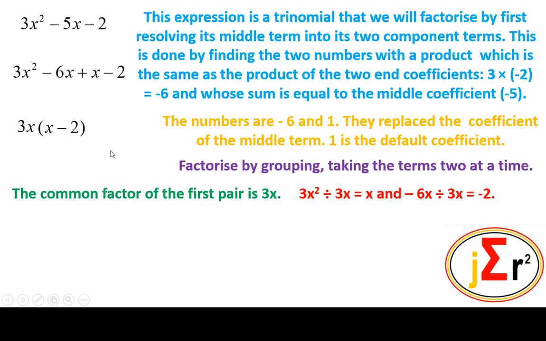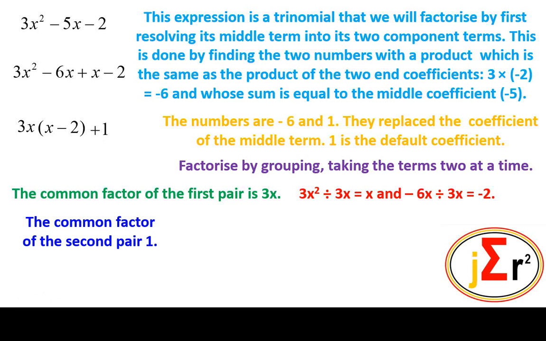We will take a look at the second pair, which does not seem to have any common factor. Therefore, we will consider that the common factor is 1. We will also divide each of these terms by the common factor of 1, and we know that any term, expression, or number divided by 1 will result in the same term, number, or expression.